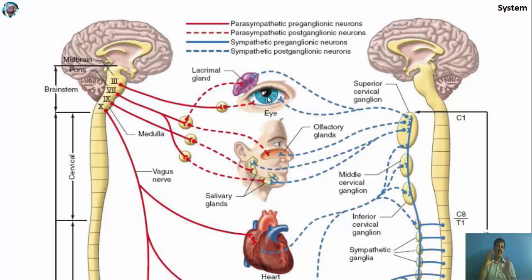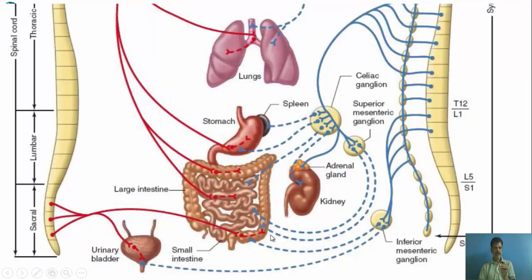Okay, so they are the cranial nerves 3, 7, 9 and 10. Of these, 3, 7 and 9 provide most of the nerves to the regions present in the head. Whereas the tenth is going to provide its parasympathetic preganglionic neuron to organs like the heart, lungs and stomach, even the large intestine and small intestine.